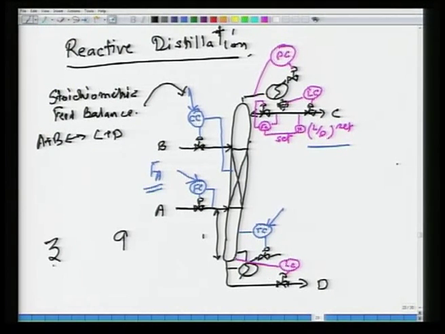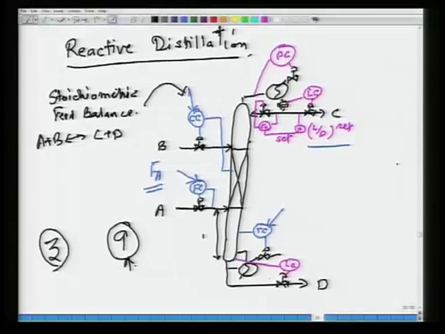So, regulation of reaction and separation using 3 degrees of freedom, versus regulation using 9 degrees of freedom; clearly this is much easier. How to do it? Of course, that we will be doing. The other is more difficult. Okay.